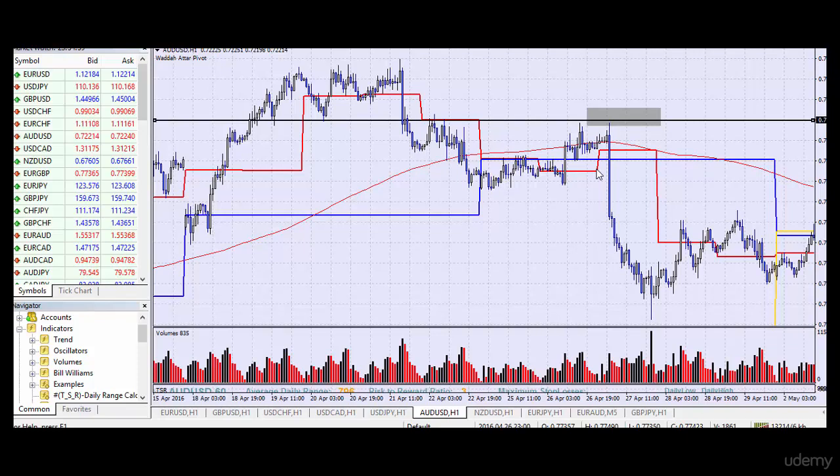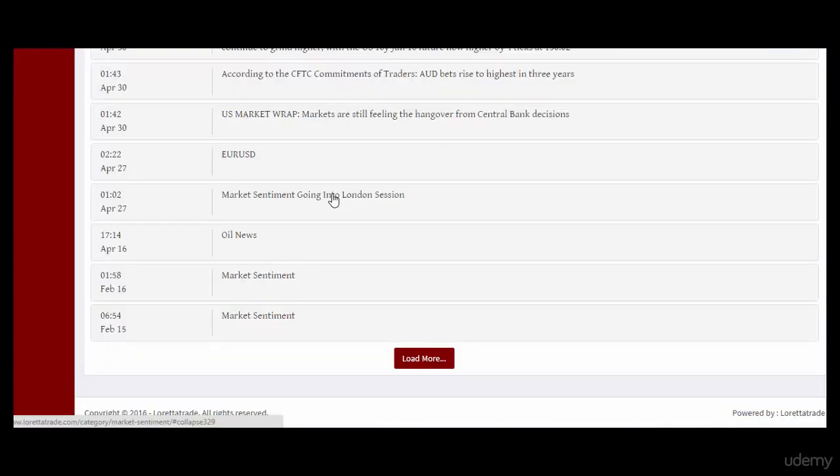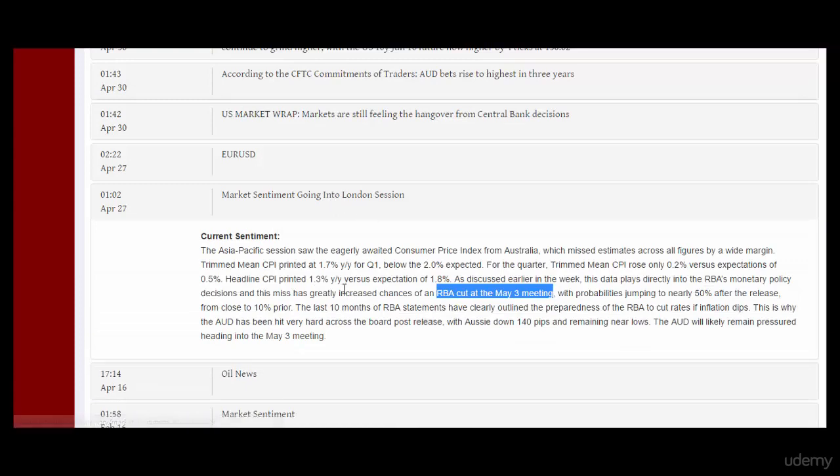So whenever we have a bad deviation in CPI, meaning a worse than expected CPI reading, then we're going to expect these guys to be looking towards cutting interest rates. That's what we're expecting them to do after seeing this. Also, if you go to the news feed, you can see the market sentiment.